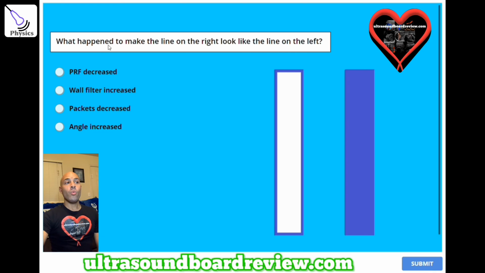Question 25. What happened to make the line on the right look like the line on the left? A, PRF decreased, B, wall filter increased, C, packets decreased, or D, angle increased? So what happened to make this line here look like this line?